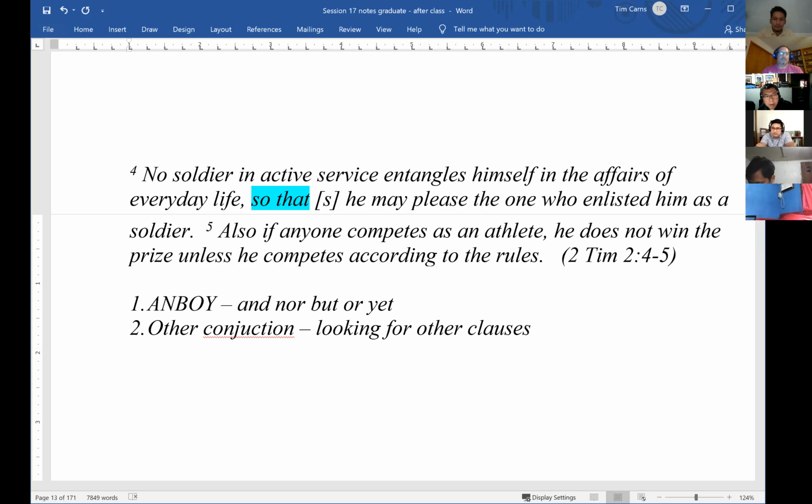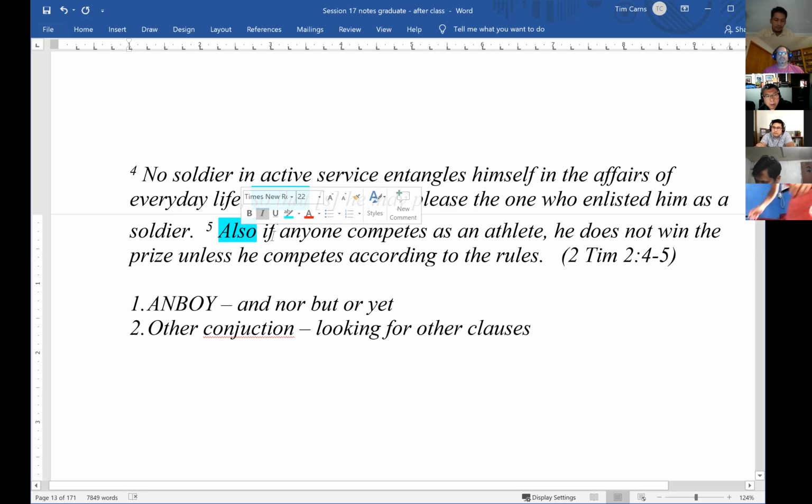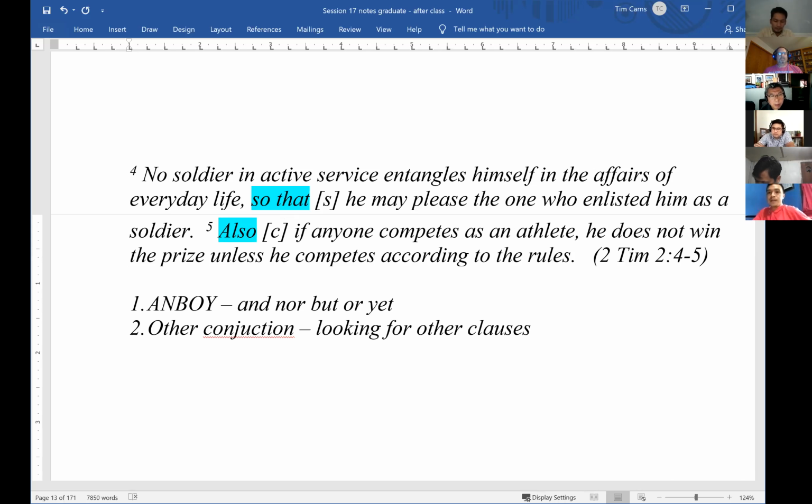In verse 5, are there any more conjunctions in verse 5? Also. Okay, now what kind is that? Subordinating. It's coordinating, but it's not an envoy. It functions like an "and" at the same time.